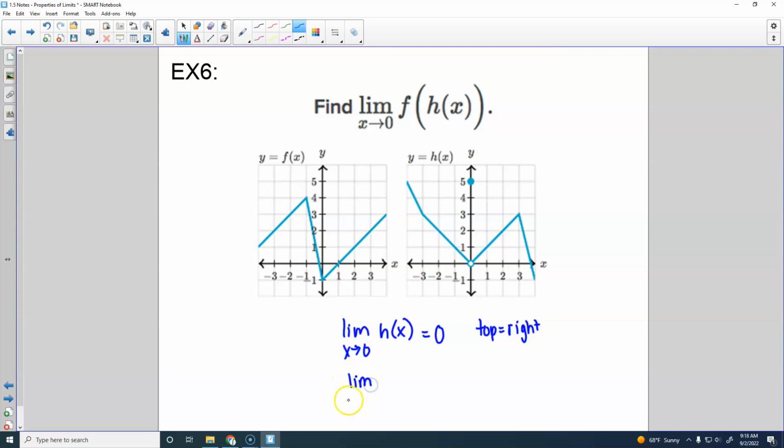Because whenever we do the limit as x approaches 0 of f of x, we need to do this limit from the right. So 0 is right here. As we approach from the right-hand side, we go to negative 1. So that would be our answer. It would not matter if you forgot to think about top or bottom on this problem, because what's the limit as x approaches from the left?